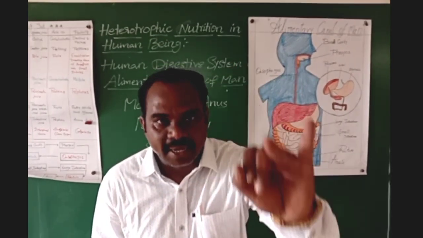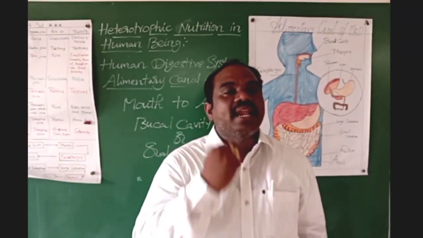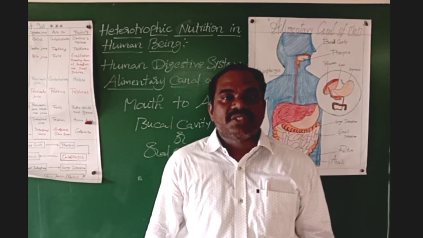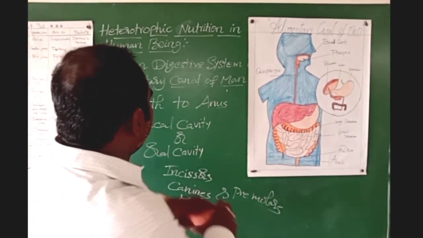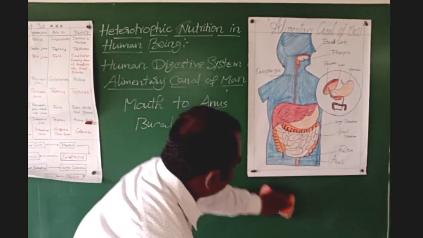Teeth, tongue, and salivary glands. Three pairs of salivary glands are present.